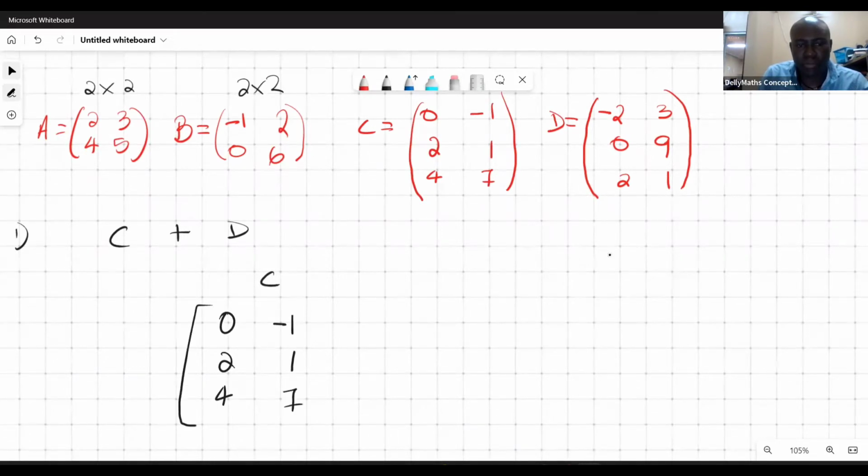This is the matrix C. We want to add that to the matrix D, and the matrix D is -2, 3, 0, 9, 2, 1.